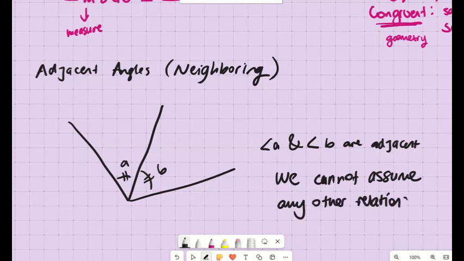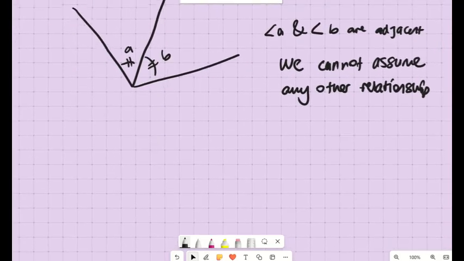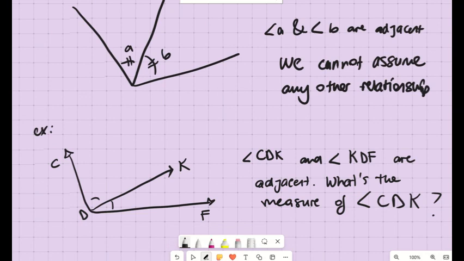So, miss, that means if a problem tells you, for instance, in this question, CDK and KDF are adjacent angles. What is the measure of CDK? Well, I can't know because no other relationship is given to me. Are they supplementary? Are they complementary? Yes, this looks like 90 degrees, but I'm not sure.